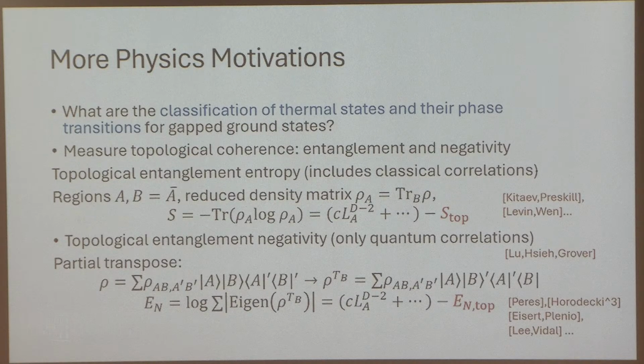Then you compute the log of the sum of the absolute values of the eigenvalues of this partially transposed density matrix. Then again, as long as this region A has trivial topology, you get a constant part, which is called the topological entanglement negativity. And it has been proposed to capture quantum coherence.